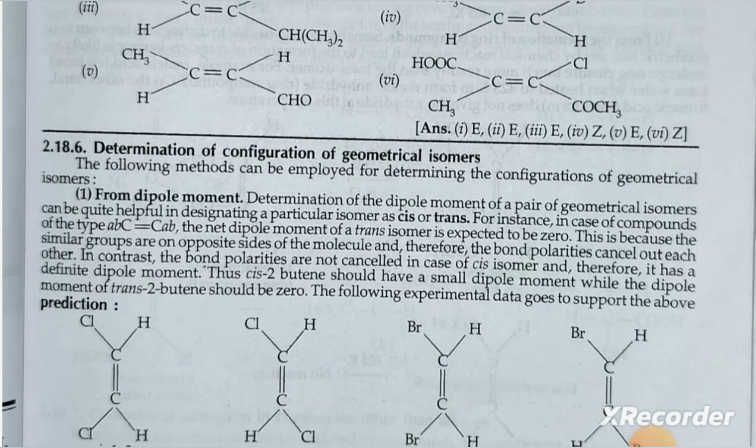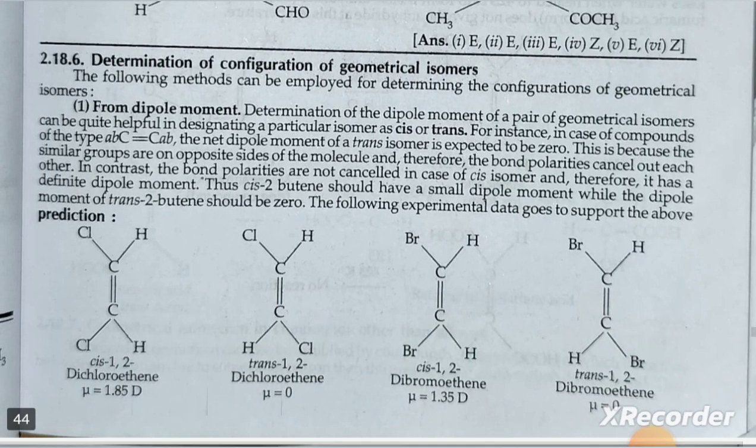Determination of configuration of geometrical isomers. The following methods can be employed for determining the configuration of geometrical isomers. First, from dipole moment. Determination of dipole moment of a pair of geometrical isomers can be quite helpful in designating a particular isomer as cis or trans. For instance, in the case of compounds of the type ABC=CAB, the net dipole moment of the trans isomer is expected to be 0.